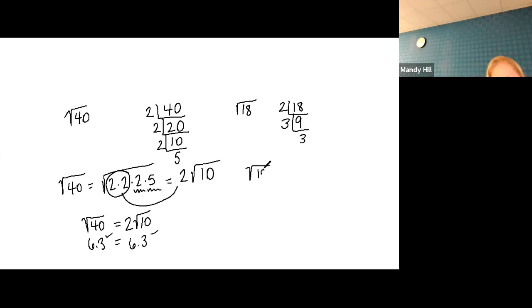So the square root of 18 is equal to the square root of 2 times 3 times 3. I can pull out front anything I have a pair of, and I have a pair of 3's. So that gets to come out front, and then I've got the square root of 2 underneath. Okay, and once again, we could check this on the calculator to make sure the square root of 18 is the same as 3 square root of 2 as a check, okay?